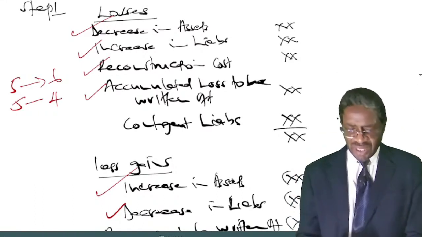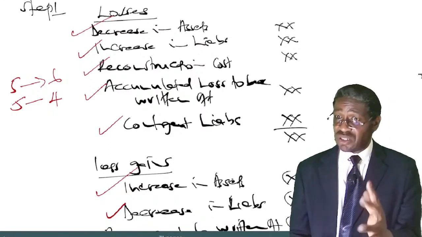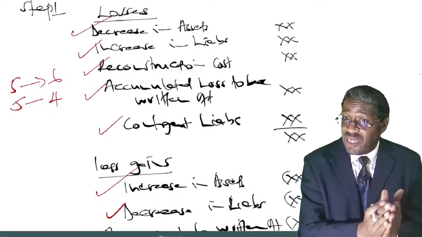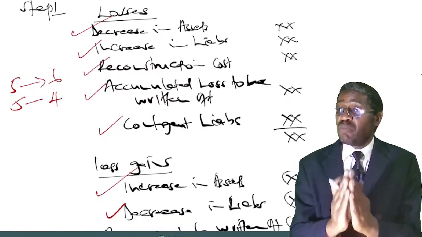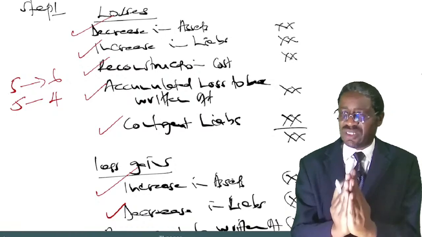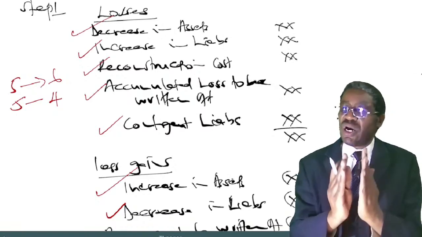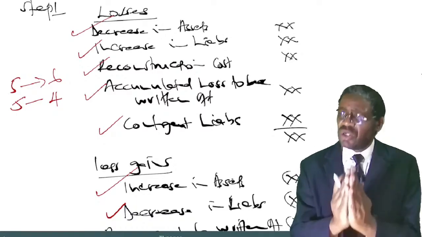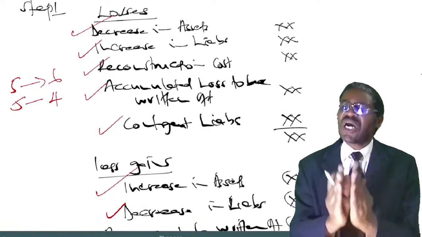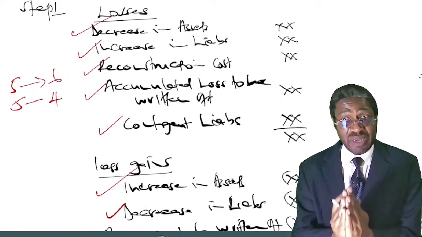Good. The other one is what we called contingent liabilities. If your company had a contingent liability before we reconstructed, listen, before we start reconstructing, I told you contingent liabilities don't appear in the books. Normally, they don't appear in the balance sheet.